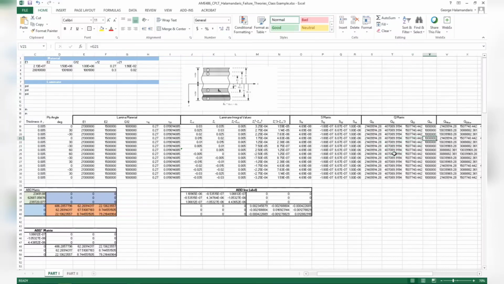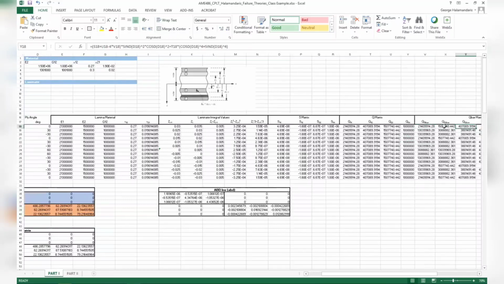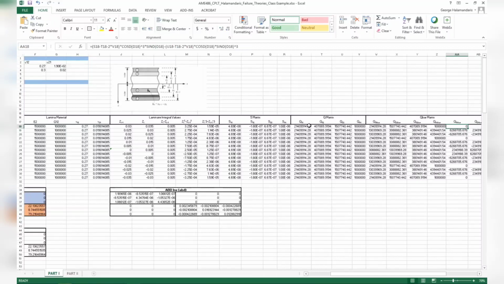So your Q matrix per ply, you want to find your effective lamina stiffness matrix by using the transformation matrix to develop QBar. You'll notice Q doesn't change at all because it's all material based, but QBar does change based on the angle of your ply.